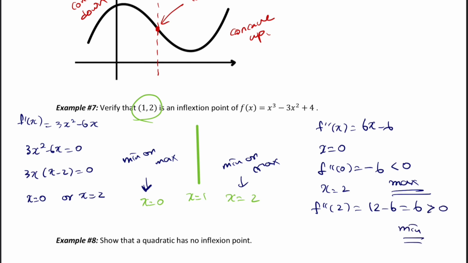So when we have x equals 2, we have a minimum point, and when we have x equals 0, we have a maximum point. That means we have a maximum and a minimum here, right? So there is a concavity change, and we have verified that (1, 2) is an inflection point.